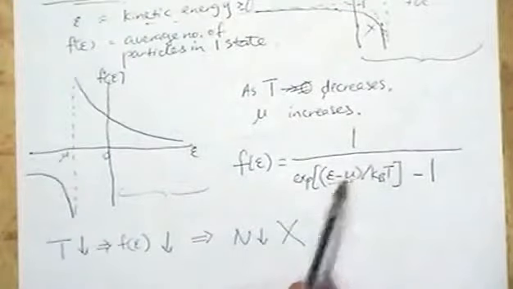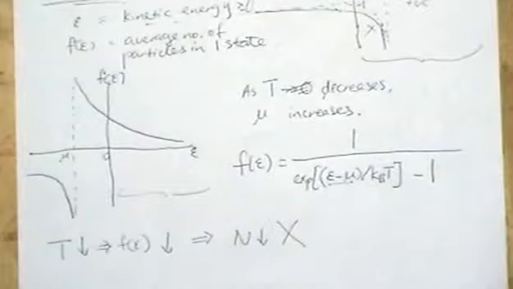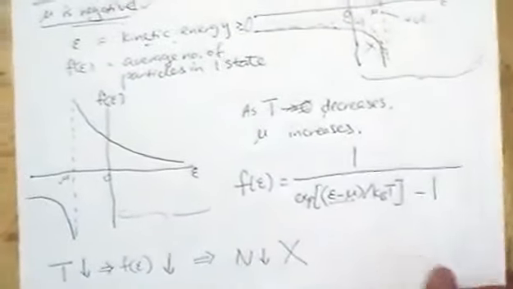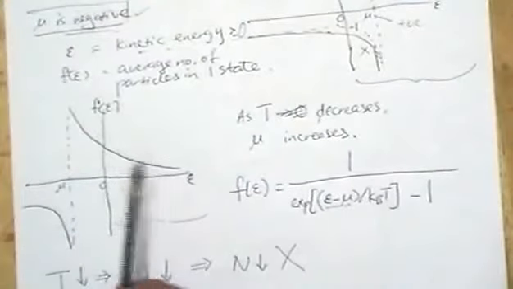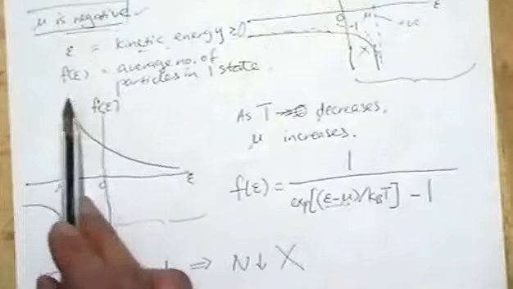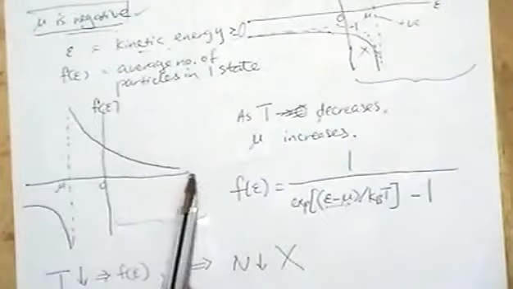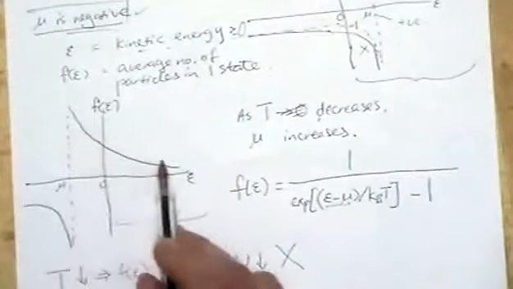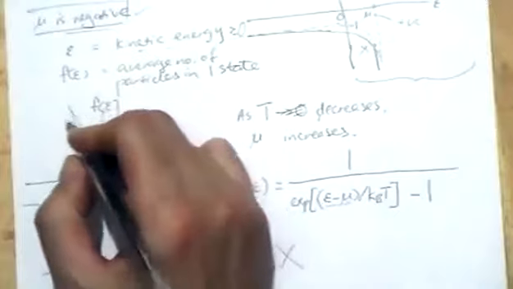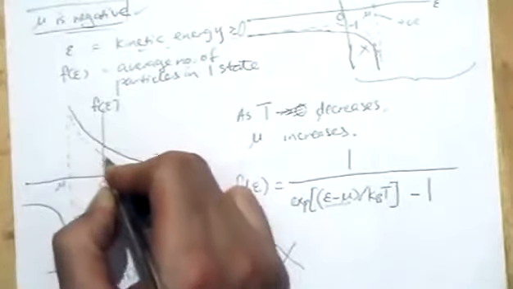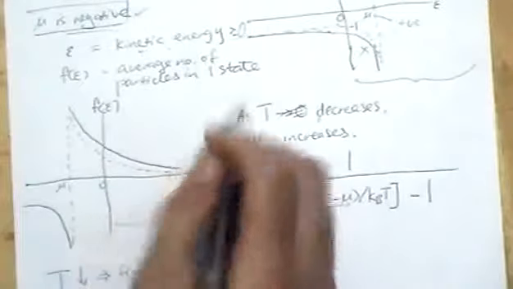So what can we do with mu to make sure that N does not decrease? Let's take a look at this graph again. Now, if temperature decreases, this curve here decreases. So we might imagine that instead of this, it might come down to a lower place, like that.